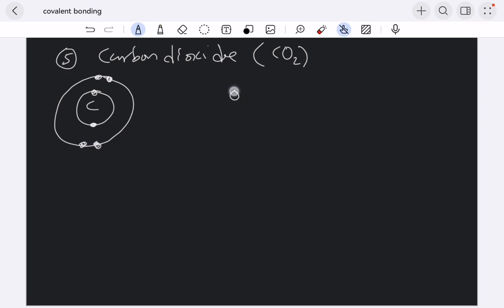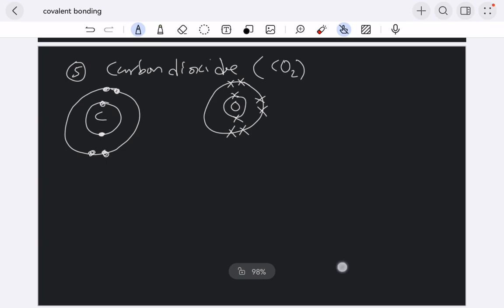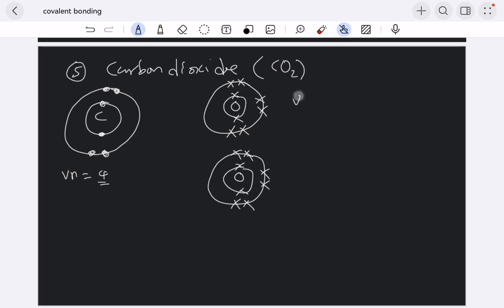And then we have 2 oxygens, 2,6, and another oxygen, 2,6. So when we look at this, the valence number for carbon is 4, and the valence number for oxygen is 2. So carbon is going to share 4, oxygen is going to share 2.